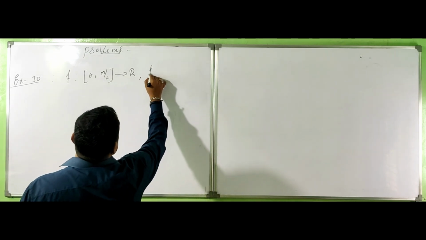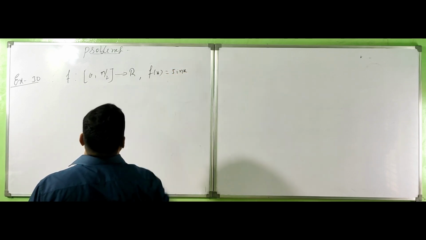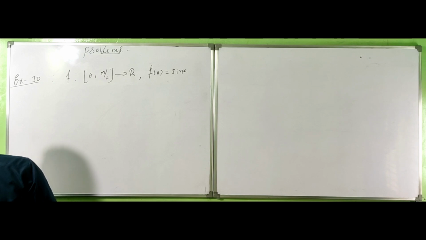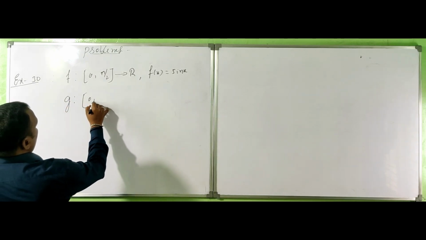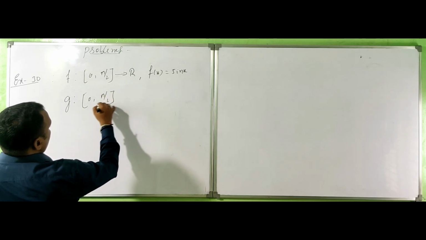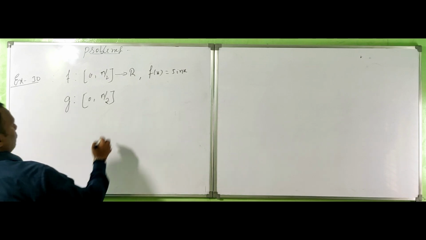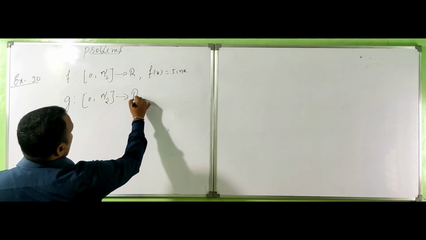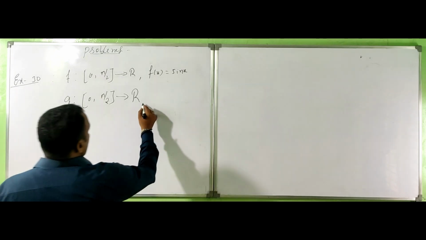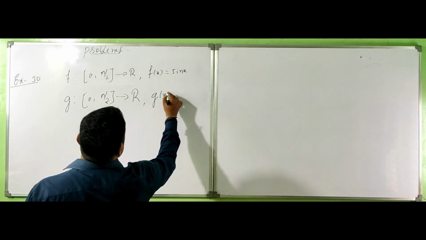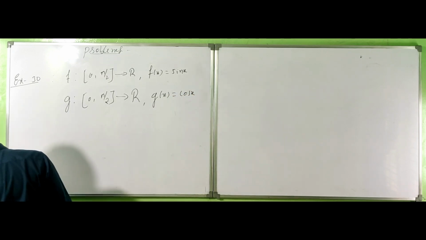And the function g defined from the same domain, 0 to pi by 2, mapping to real numbers, and g of x is cos x.